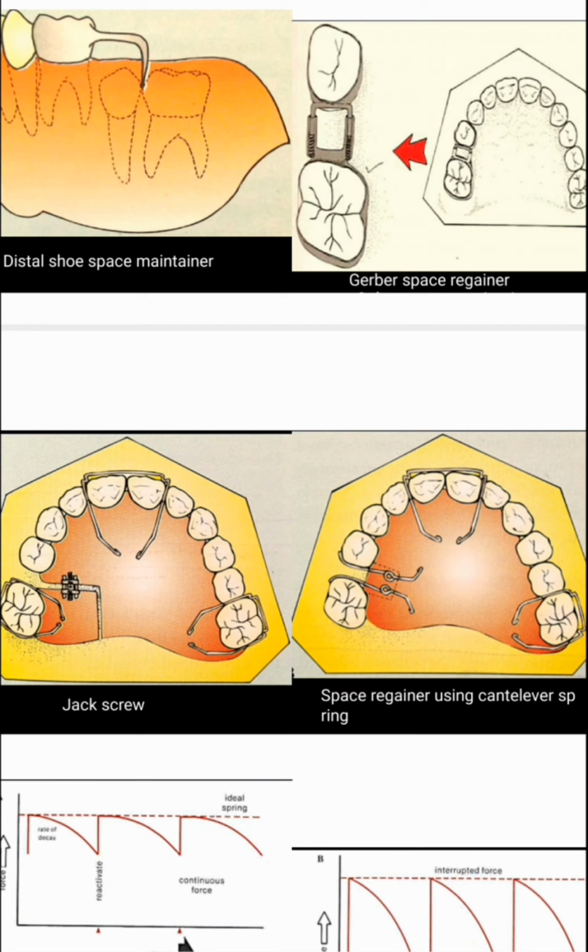In jack screw, the expansion screw is activated to create space in the anterior-posterior direction. Whereas in the space regainer, the cantilever spring is used to distalize the molar, hence it creates space.